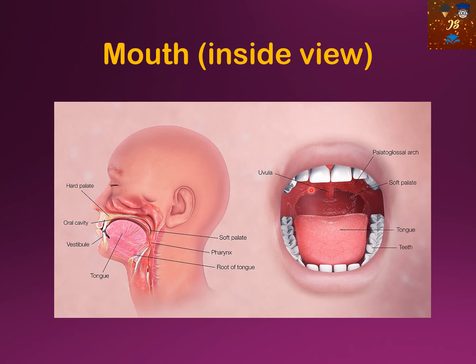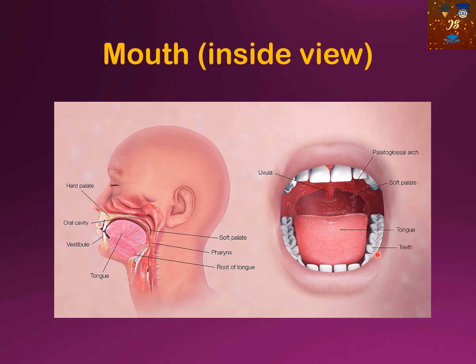This upper part of the mouth, which is called the roof of the mouth, is known as the palatoglossal arch. You can see here this portion from here to here, the palatoglossal arch. And this soft region is called the soft palate. This is the tongue portion and this is the teeth portion.